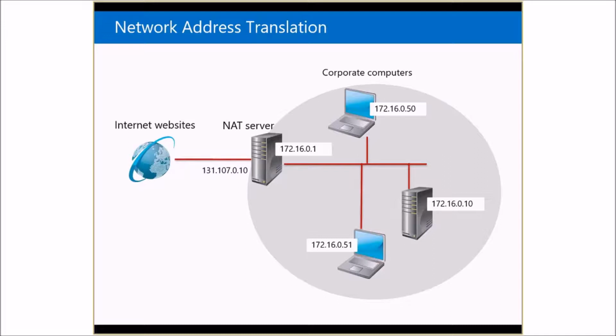So NAT is basically network address translation, and we should understand, even from VMware, that NAT has advantages. The advantage is that your internal IP addressing system has no relation to the IP addressing system on the other network. Another advantage is that your internal network is totally hidden by the NAT server, meaning that anyone from the internet or from another network will only see this NAT device, or NAT server, or NAT ADSL router.